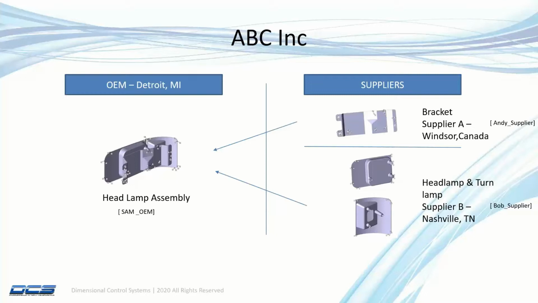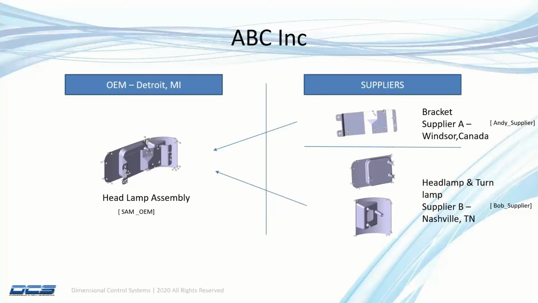Just to give you the use case, the whole premise for the rest of the presentation: these are three disparate locations, and everything within QDM is secure. The data security model is based on the user.